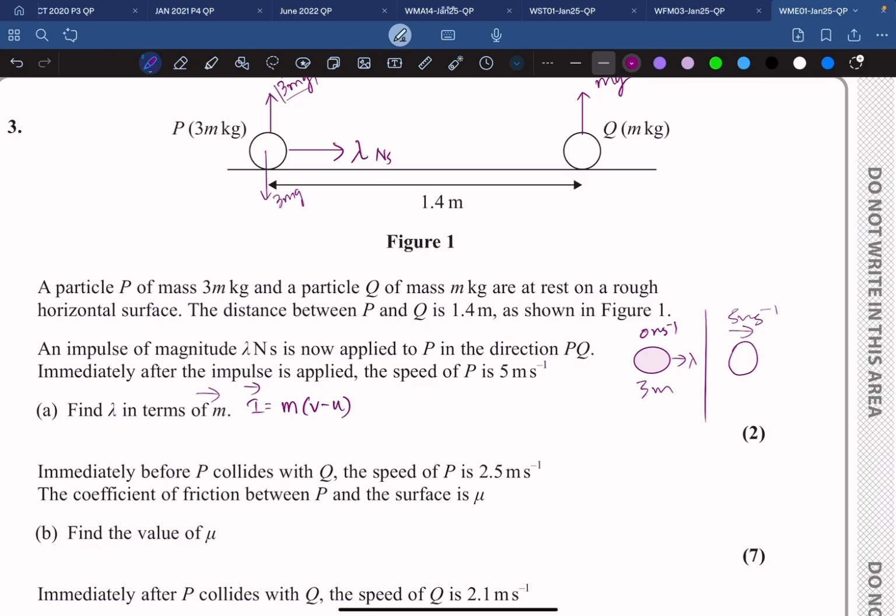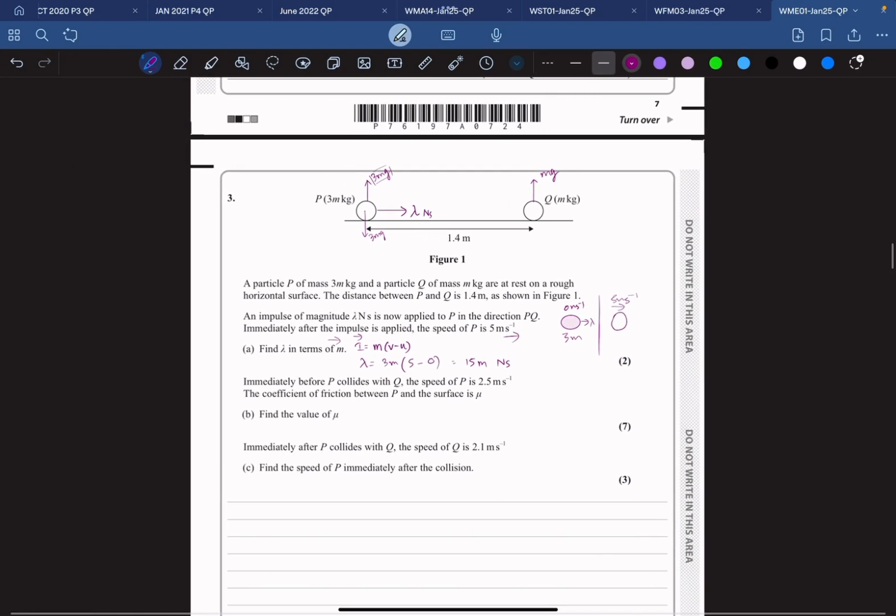Lambda is equal to the mass, 3m, times the final velocity, 5, in the same direction, so plus 5, minus the initial velocity, which is 0. So we have 15m. 15m is our answer. There you go. That's just so easy.